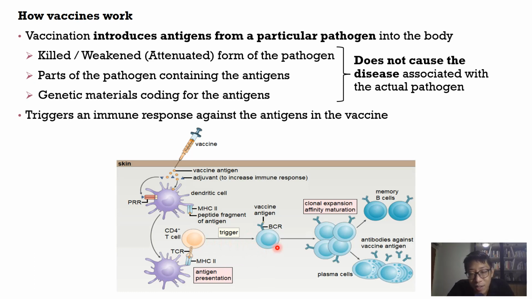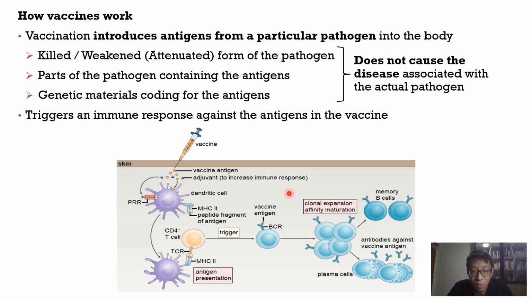Right, so after activation, clonal expansion would occur, and you learned about the affinity maturation as well, which occurs during the clonal expansion. Right, so at the end of clonal expansion, you have this pool of B cells, some of which would differentiate into the memory B cells, while others, most of them, would differentiate into the plasma cells to produce antibodies against this vaccine antigen.